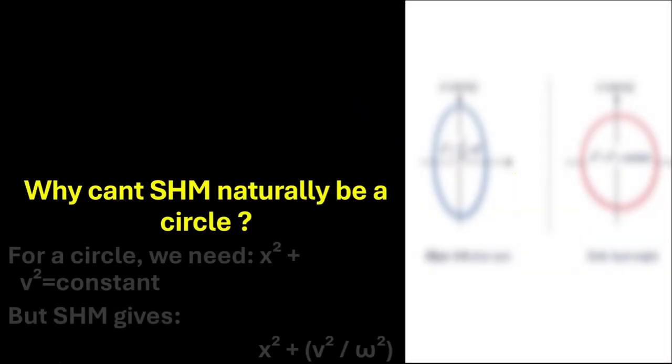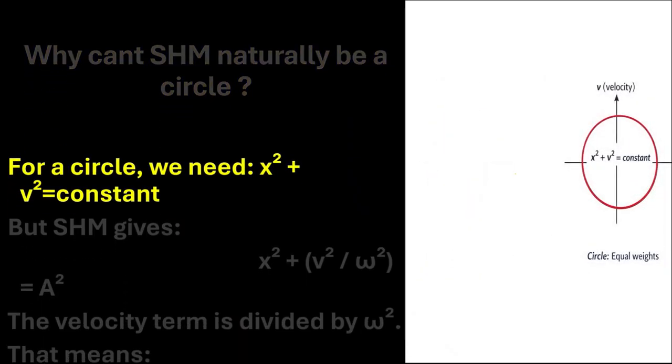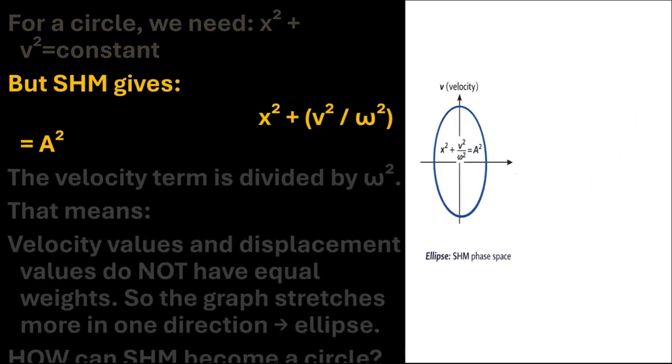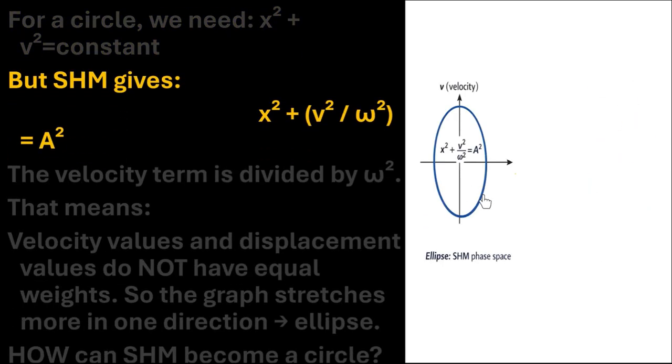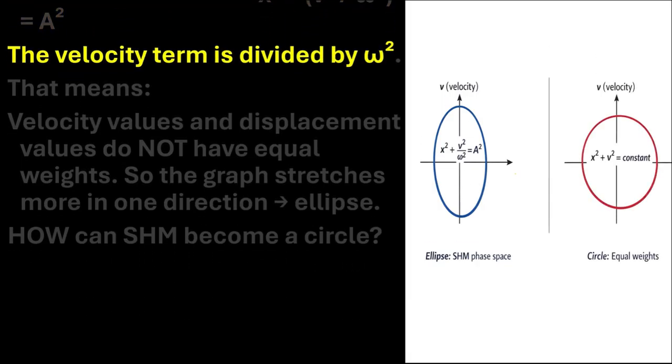Although SHM is not naturally a circle, because we know that x square plus v square being a constant is a circle, rather, in the case of SHM, we get an ellipse, which is vertically enlarged.